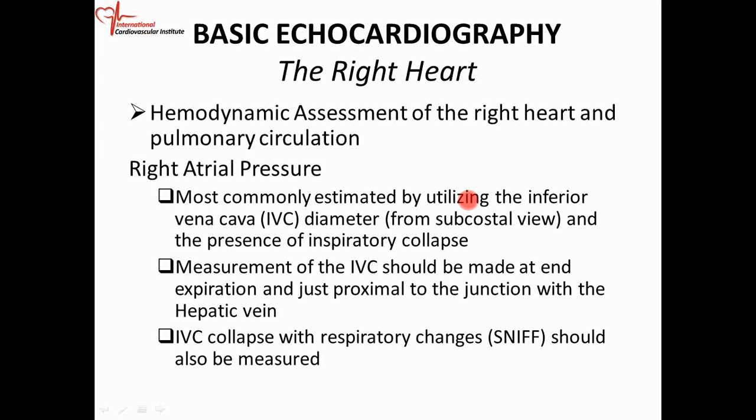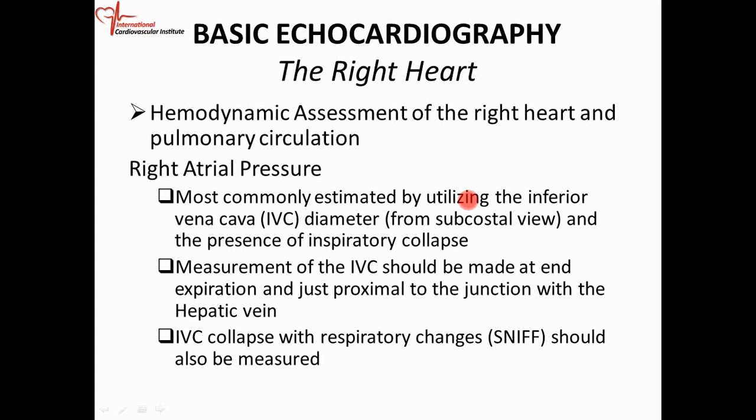If it's less than 2.1 centimeters, and if you get more than 50% collapse in inspiration, then that's normal. The inferior vena cava collapses with inspiration, but it should be more than 50% collapse. So if that's the situation, then the right atrial pressure is 3.